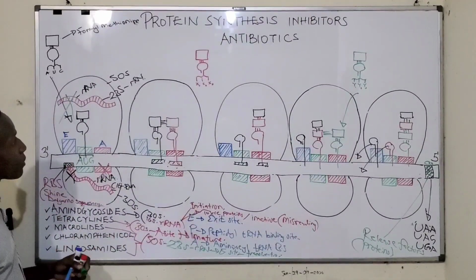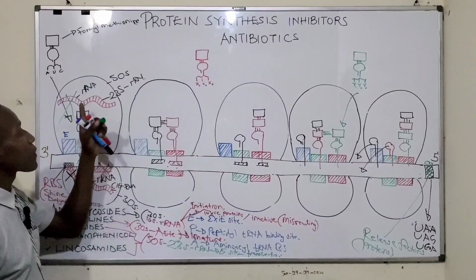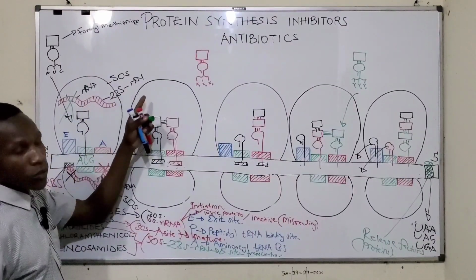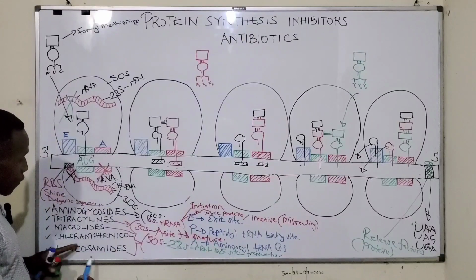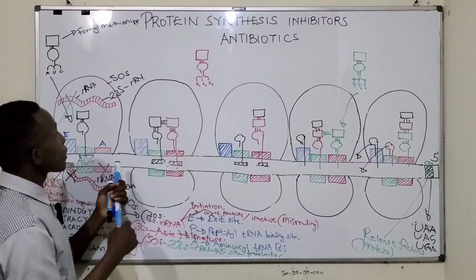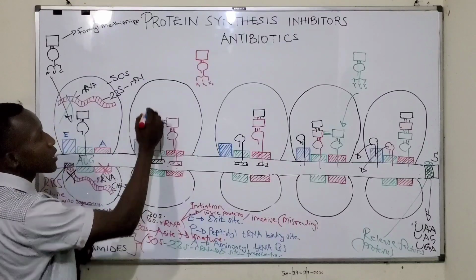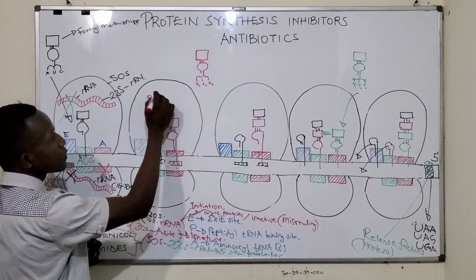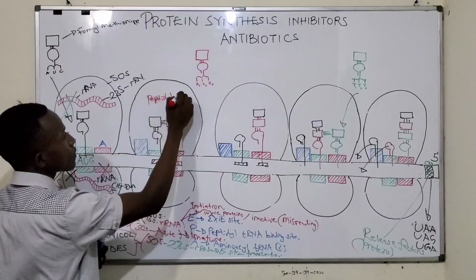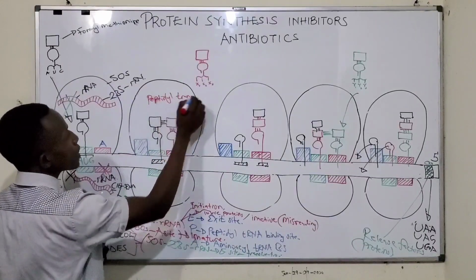For chloramphenicol and lincosamides, also they bind at the 50S subunit at the 23S ribosomal RNA. Chloramphenicol binds near the peptidyl transferase activity.